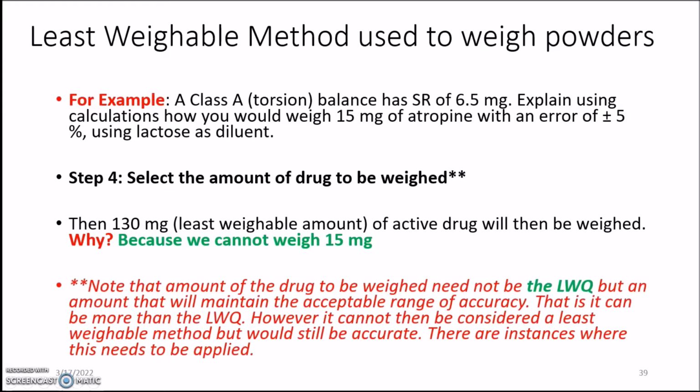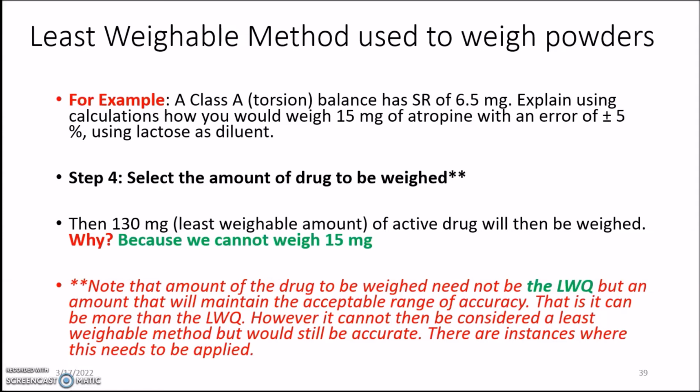Note that the amount of the drug to be weighed need not be the least weighable quantity, but an amount that will maintain the acceptable range of accuracy and precision. That is, we can weigh more than the least weighable quantity. However, if we weigh more than the least weighable quantity, then it won't be the least weighable method, right?